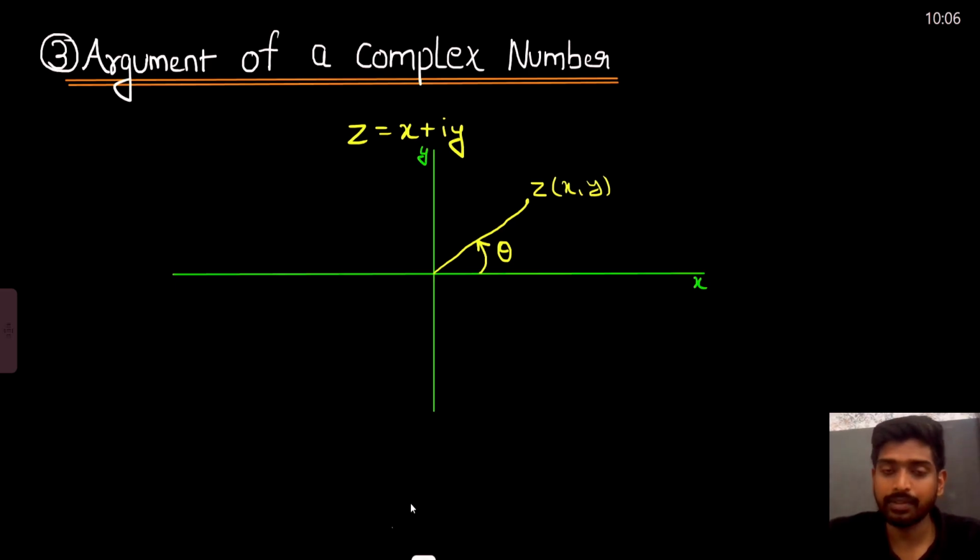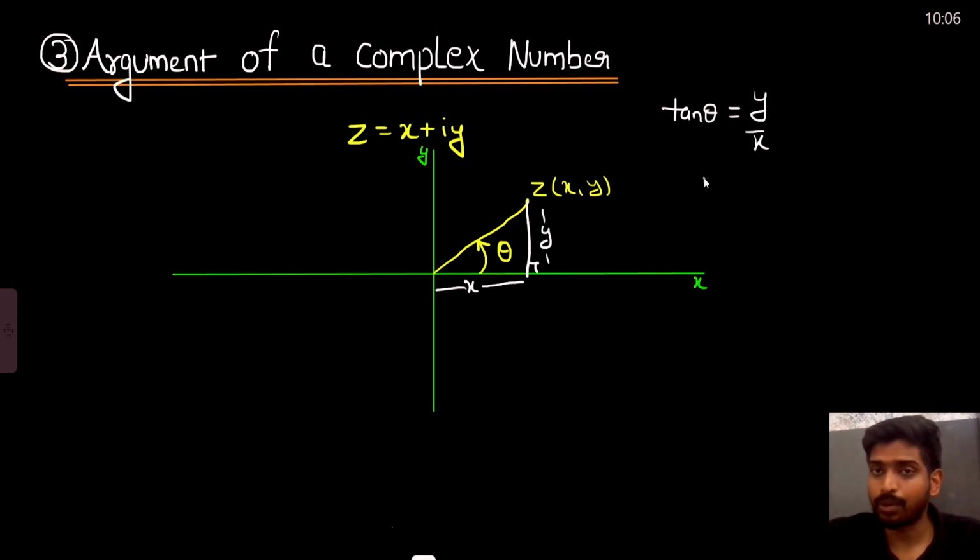Now how to find the value of this angle? If I drop a perpendicular from this point z to the x-axis, this distance is equal to y. Similarly, this distance is equal to the x coordinate, which is x. So if I take tan theta in this triangle, I will get tan theta is equal to y upon x.